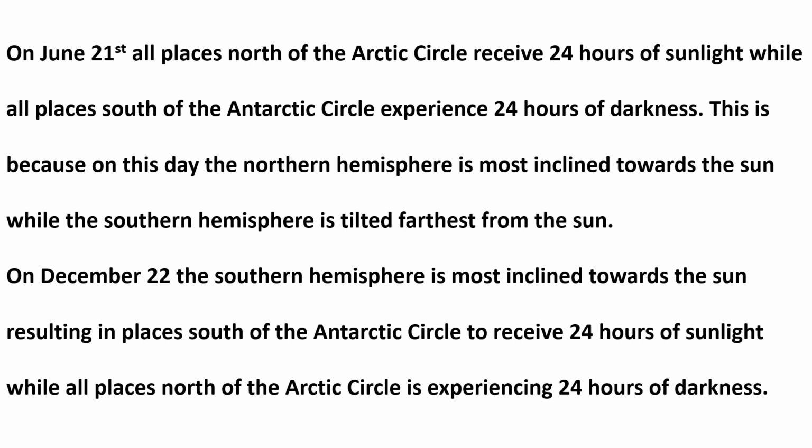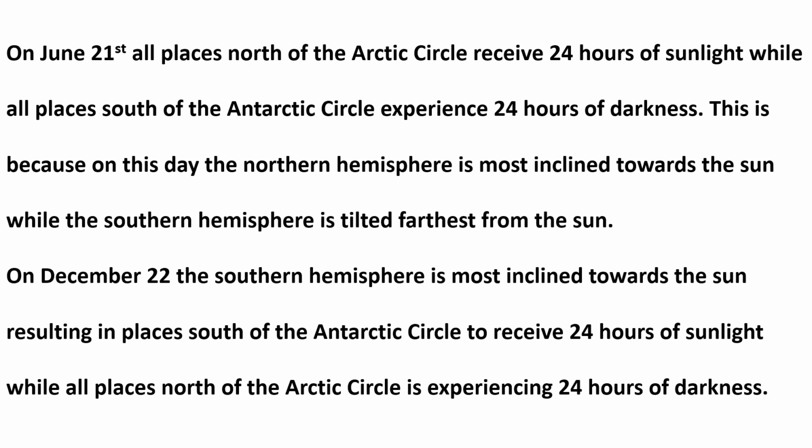As a matter of fact, all places that are north of the Arctic Circle receive 24 hours of sunlight. And that is because at this time of the year, the Earth is tilted a little bit closer to the sun than usual. Therefore, it will receive longer hours of sunlight.